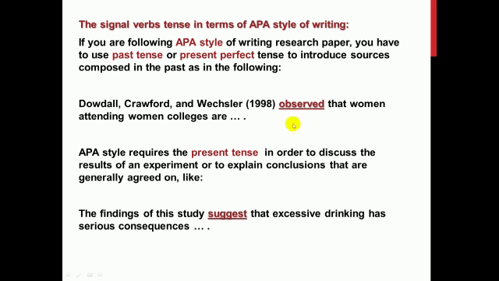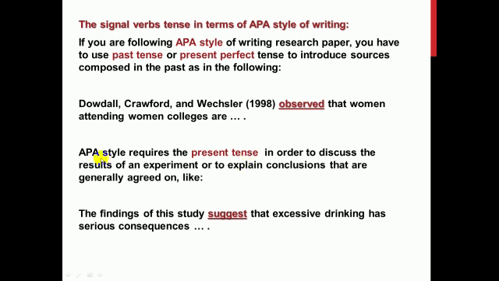So why do they use "observed" in this way? Observed, because the date is in the past. The date is in the past, so I cannot say "observe" now. It is from the past, 1998. So they use the signal verb in the past tense.